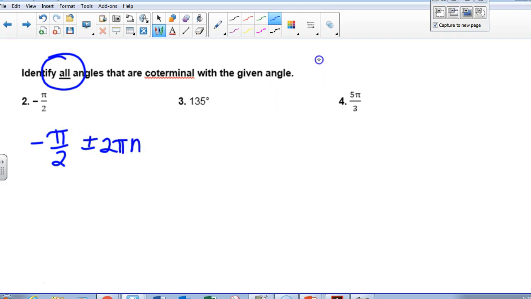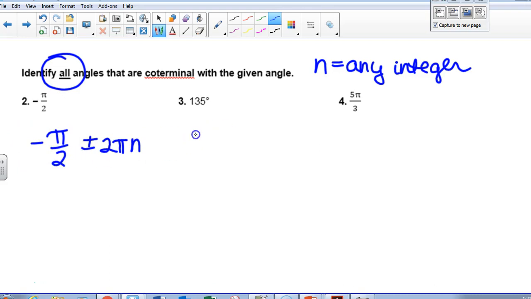Because this is radians. Now, if I was a really mean witch, I would say you have to write where n is any integer next to every one of those. I'm not ever going to make you write it, but you need to know it and understand it. Every multiple of 360 or every multiple of 2 pi can be added onto this.